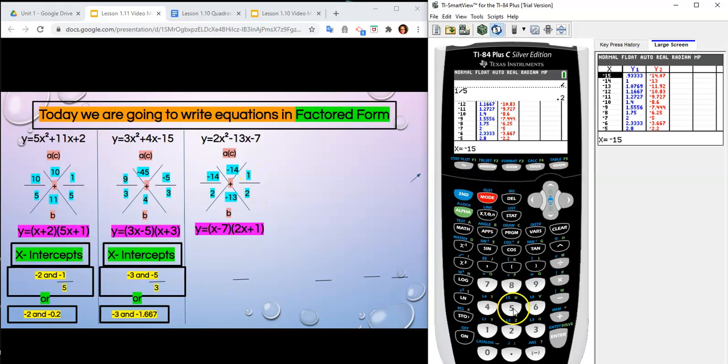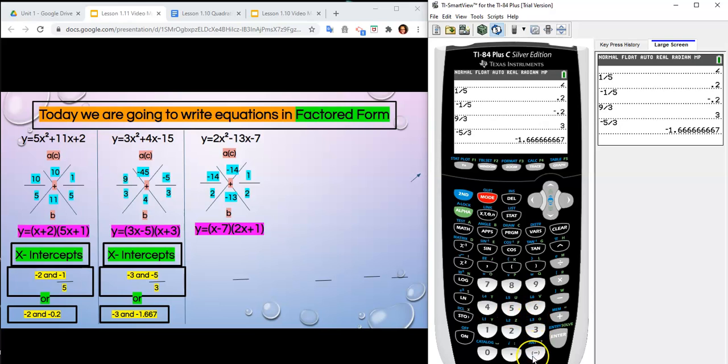Let me show you. Over here, I go back to my calculator. I'm going to put in -14 divided by 2, and I get -7. And then I'm going to put 1 divided by 2, and I get 0.5. So I can't use that to write it as a factor, so I have to leave this as a fraction.